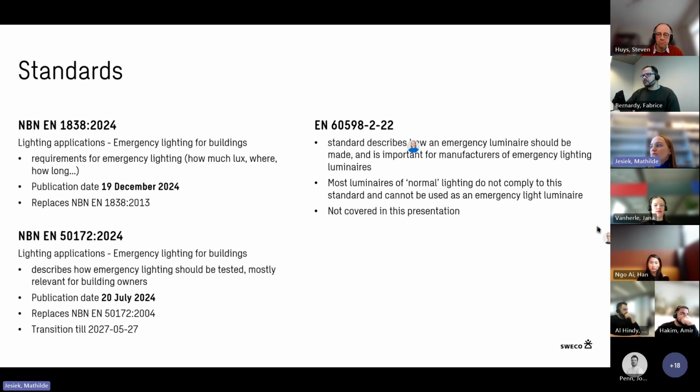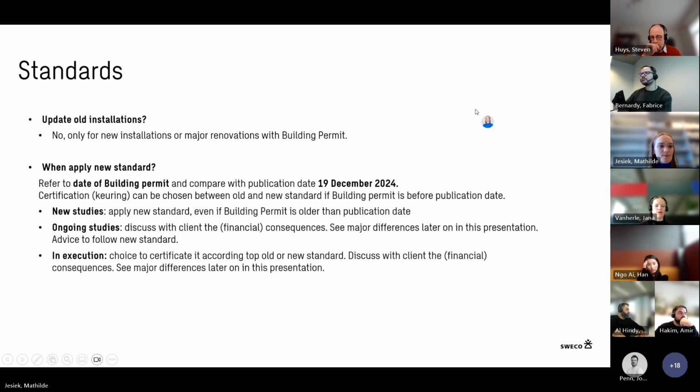We will refer to it when we talk about emergency lighting in normal lighting. The most important thing about this norm: if people in a project want to apply emergency lighting in the normal luminaire, always ask for or describe in your tenders this product norm as well. But we won't go further into it.